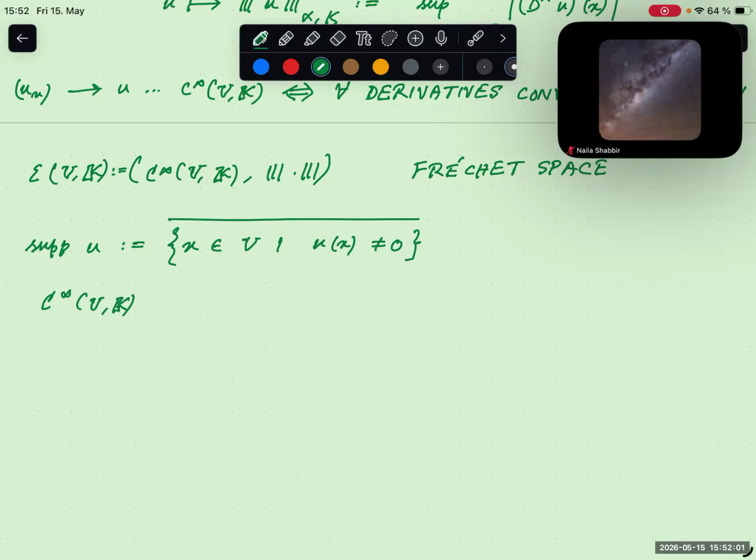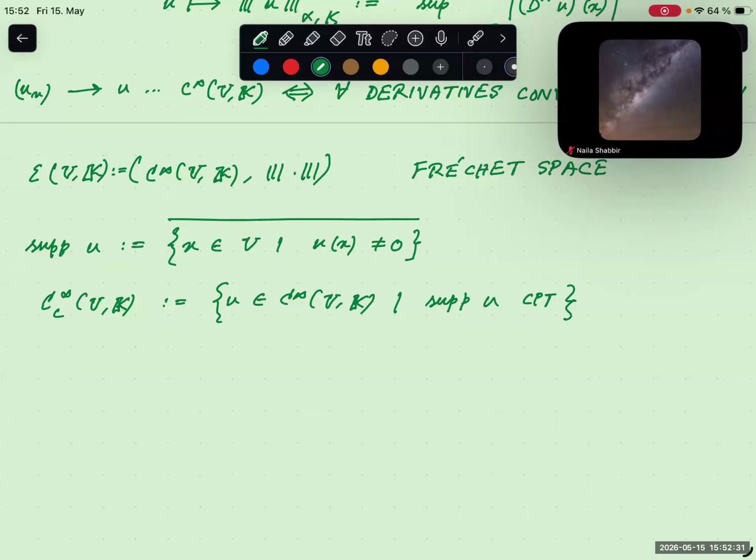This is the space of smooth sections, and now we put a C for compact, which means that u is a smooth function such that the support of u is a compact subset of capital U.